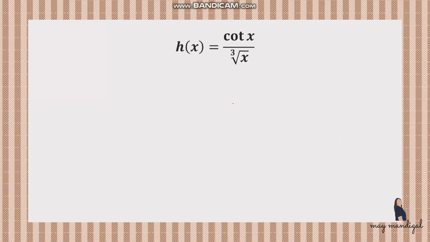And for the last one, let's have this cotangent of x over cube root of x. So here we will be using the quotient rule. So this is high, this is low.